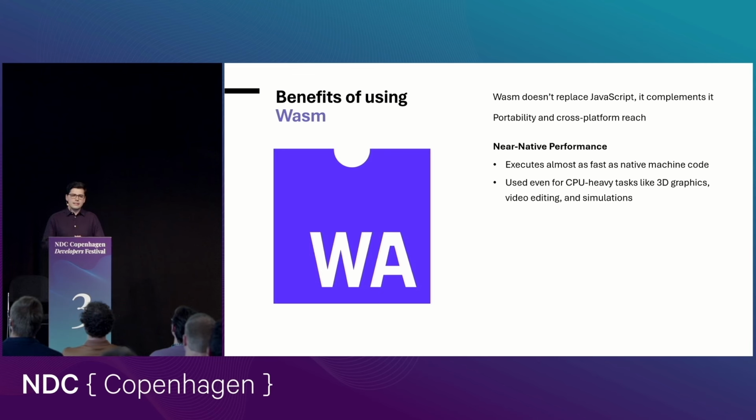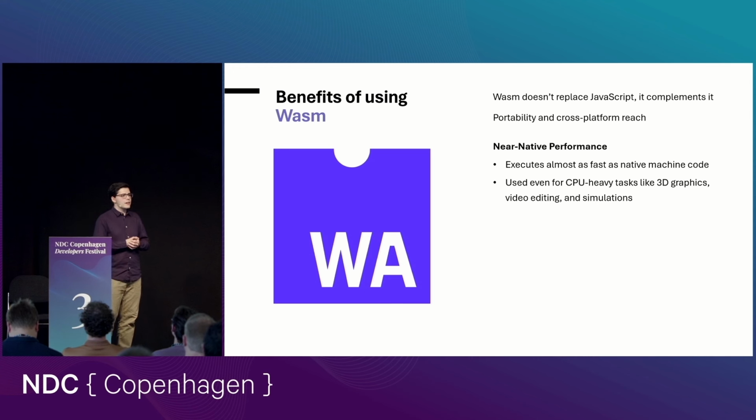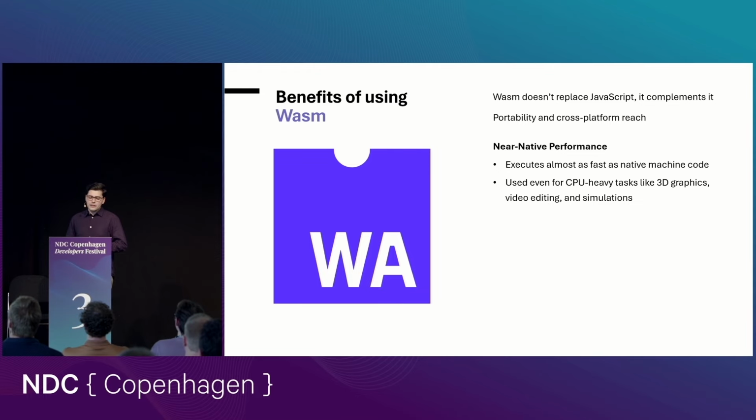It's a thing that you can use on kind of top of JavaScript. So you can use JavaScript interop with Wasm, and you can kind of communicate both ways. It offers a great portability and cross-platform reach, and it kind of provides you with a near-native performance.